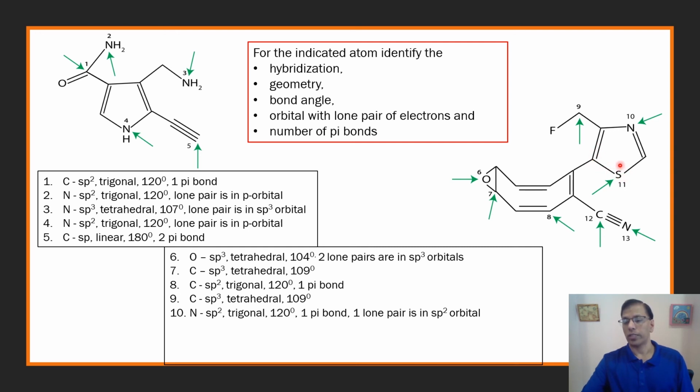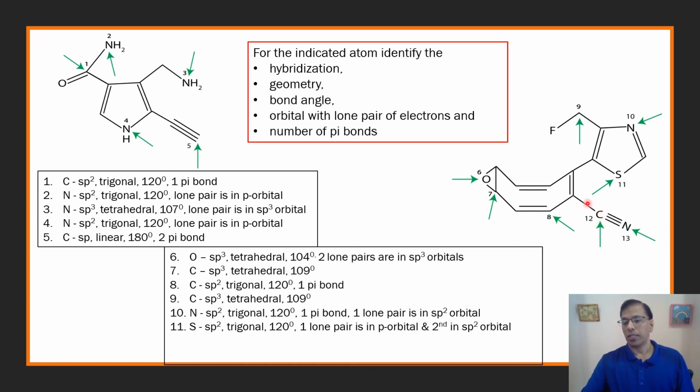And so if you recall, whenever you have sulfur, oxygen, or nitrogen, which is attached to a double bond, then the lone pair of electrons on the sulfur atom will be in the p orbital, so that they can be delocalized to give greater stability to the molecule. So in this case, sulfur is sp2 hybridized. It's trigonal, and there's 1 lone pair of electrons in the p orbital and another lone pair of electrons in the sp2 hybrid orbital.